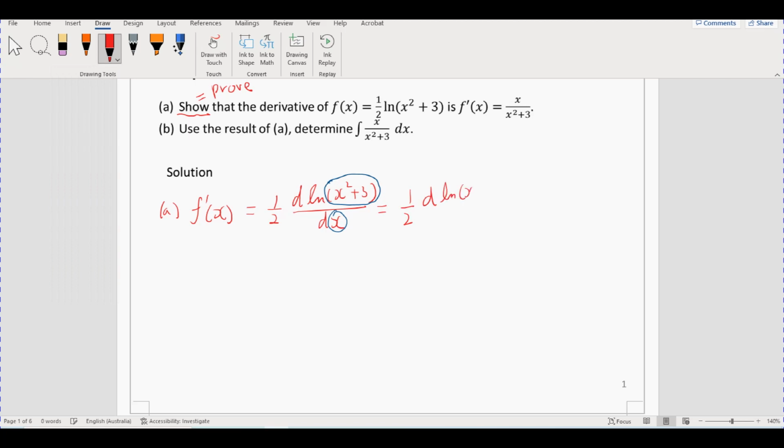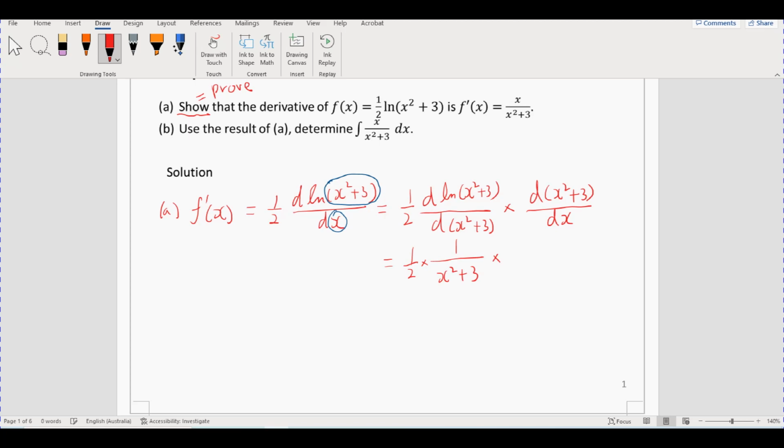To do the chain rule, you are going to create that x squared plus 3 right here, and you get the chain of d of bracket x squared plus 3 over dx. For the first part of it, it will just be half times 1 over x squared plus 3. That's the basic rule for differentiation of logarithm function.